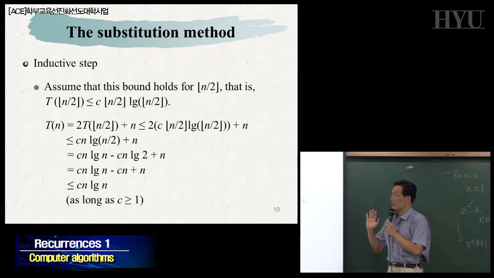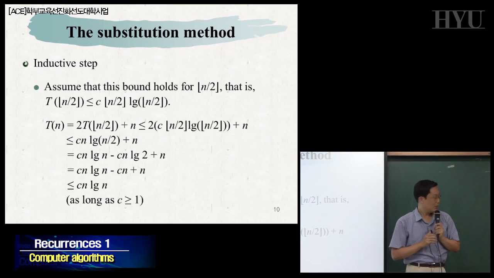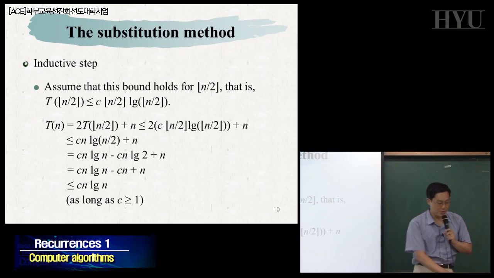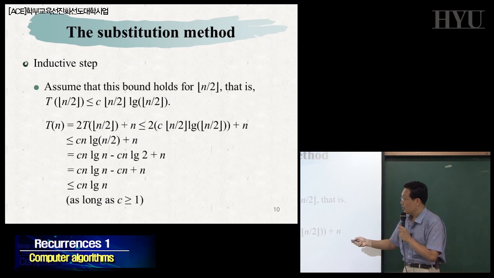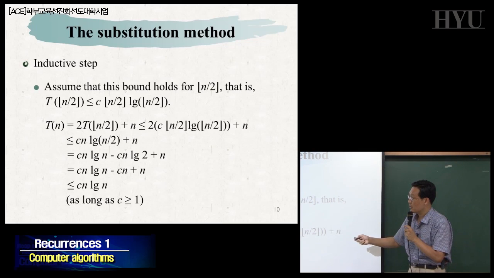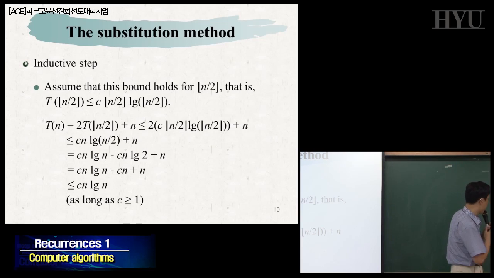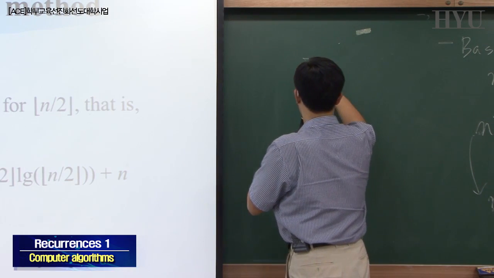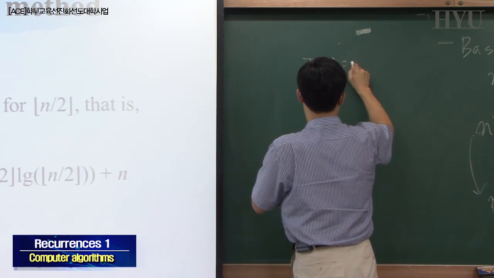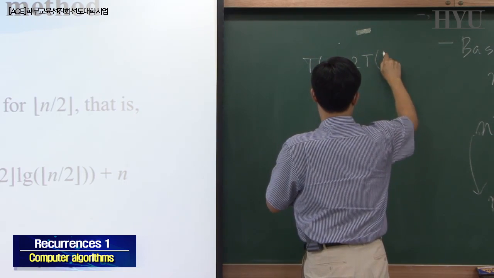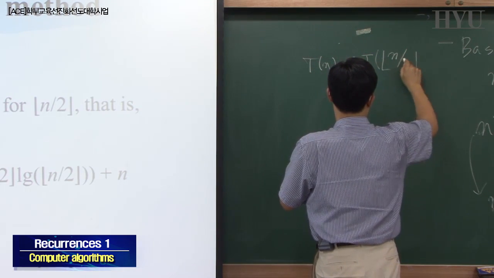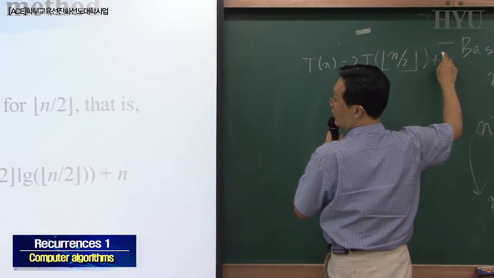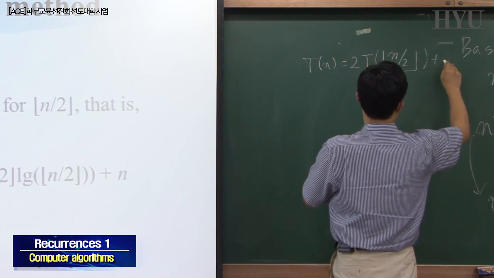In this case, look at this recurrence carefully. The recurrence is like this. T of n is twice T of the floor of n over 2 plus n.